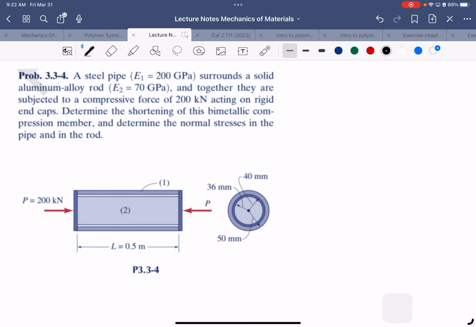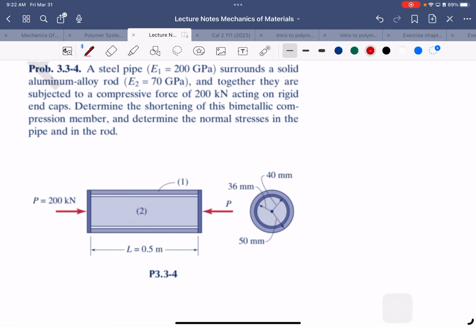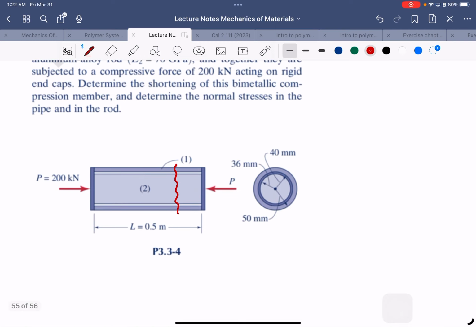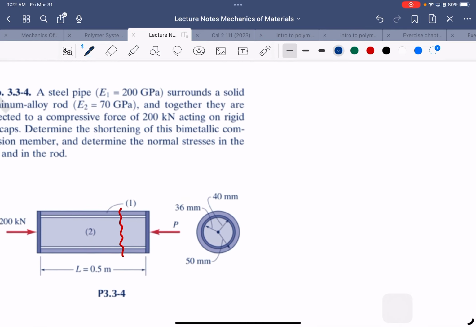Okay, so perhaps we start with the free body diagram if you want. Let's say from here we cut open that part, and then let me write here.